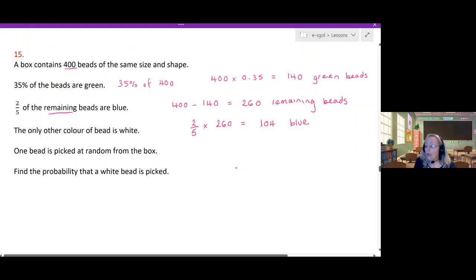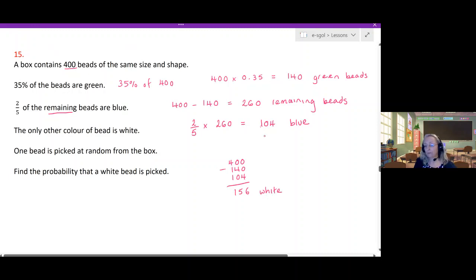Then it says the only other colour of bead is white. So now I'm in a position to find out how many white beads I've got. So I started with 400. I've got 140 green and I've got 104 blue. So if I subtract both of those from 400, I will have 156 white beads left.